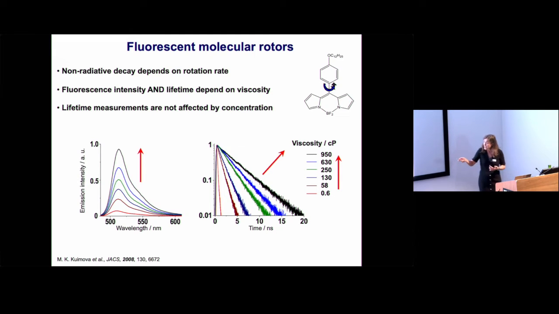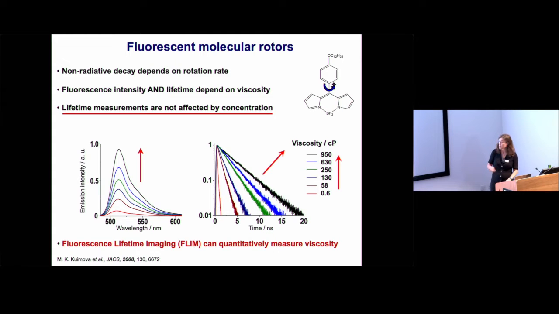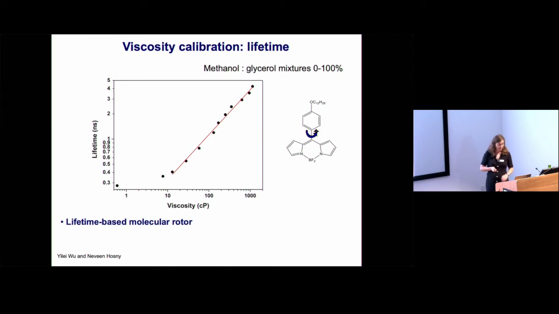And so this fluorescence intensity measurement is biased by how much of your probe is there. However, the lifetime is an intrinsically ratiometric method. And so it measures the decay of our excited state, that is concentration independent. And so hopefully as a result, we'll be able to use so-called fluorescence lifetime imaging microscopy, or FLIM for short, to quantitatively measure viscosity in a cell.